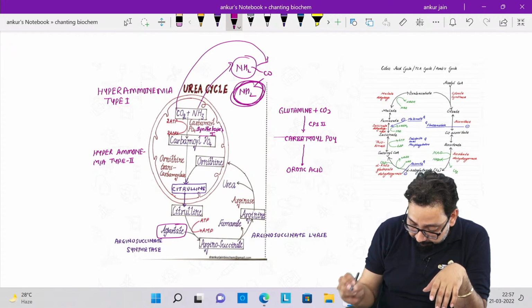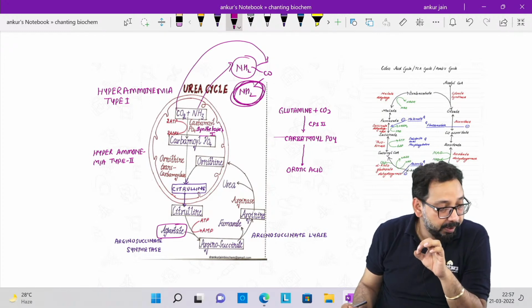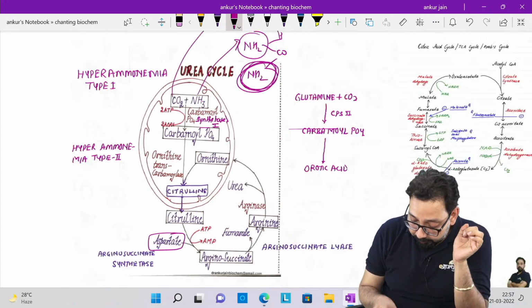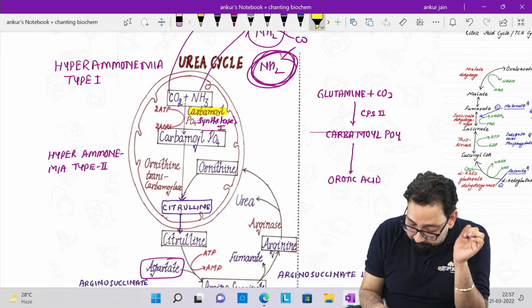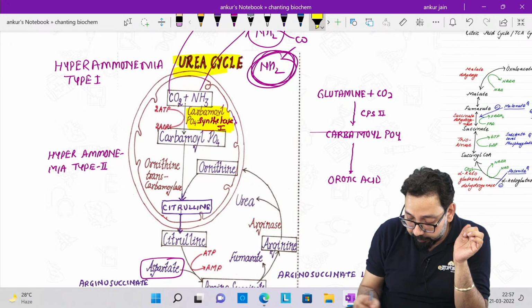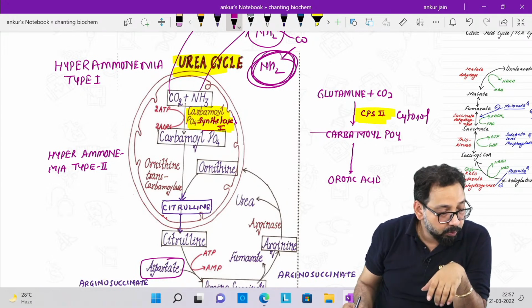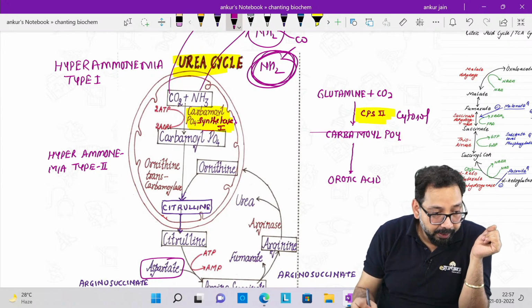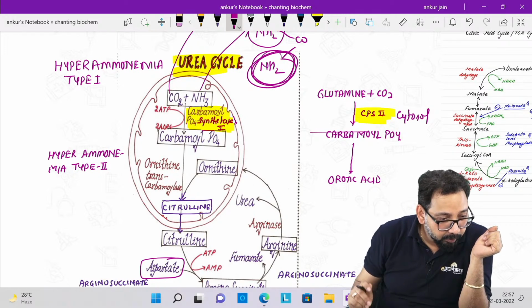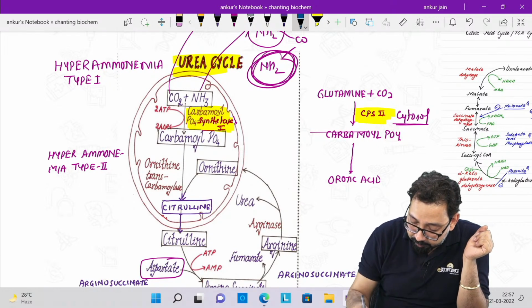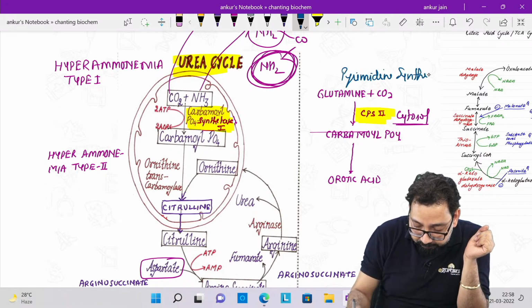Aspartate participates in urea synthesis. In urea synthesis, the first enzyme CPS1 is present in mitochondria. CPS2 is present in cytosol, and it is for pyrimidine synthesis.